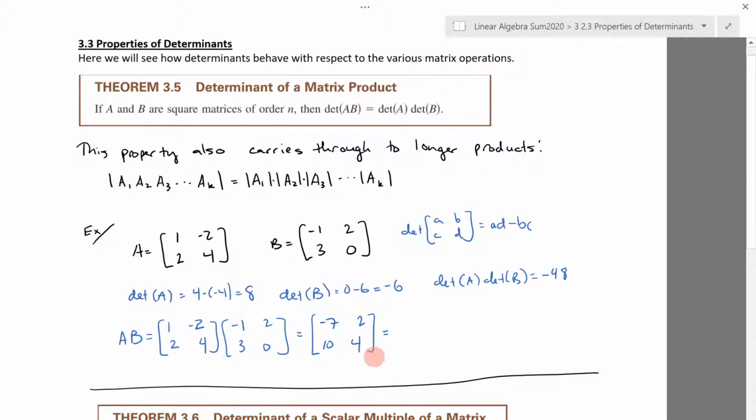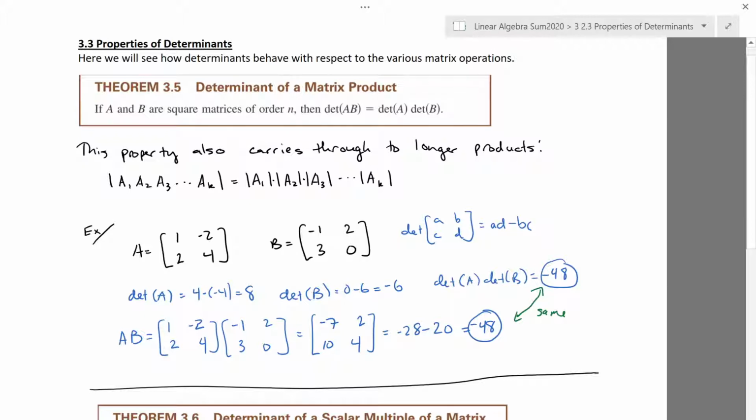Then I use the AD minus BC formula again. So I get negative 28 minus 20, which is equal to negative 48. And so we see that they're the same, calculated both ways. It doesn't matter which way you calculate the determinant of a product. Basically, the determinant behaves in terms of matrix multiplication the way you expect it to.